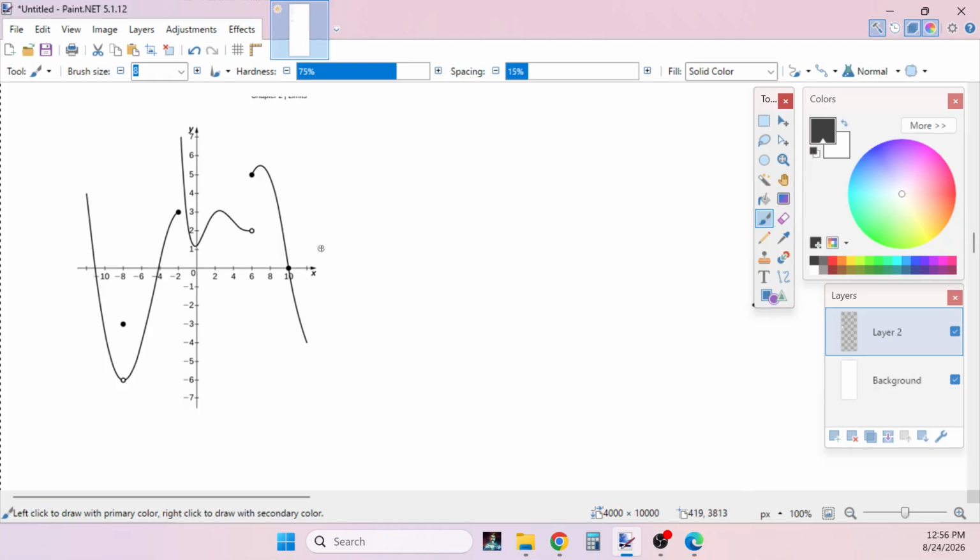It says, in the following exercises, consider the graph of the function, which we have here. Which of the statements about f of x are true and which are false? Explain why the statement is false.